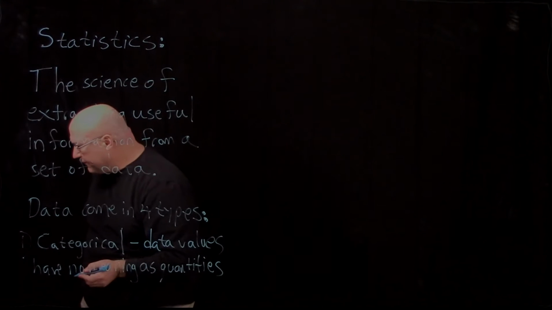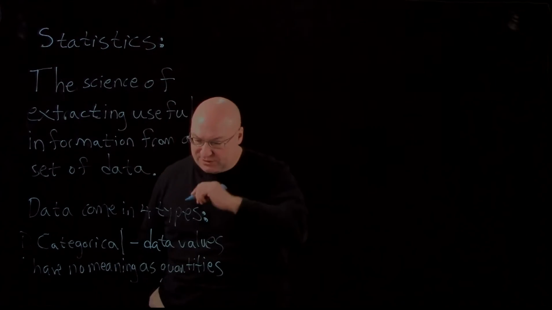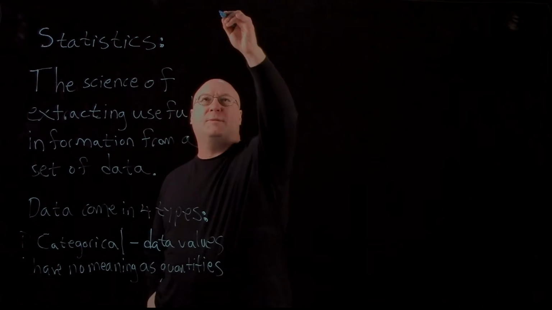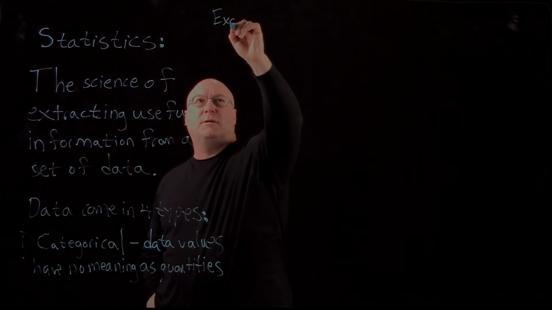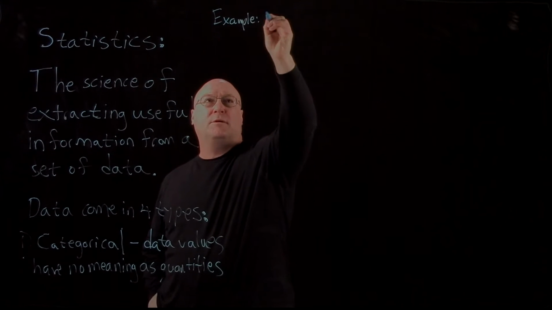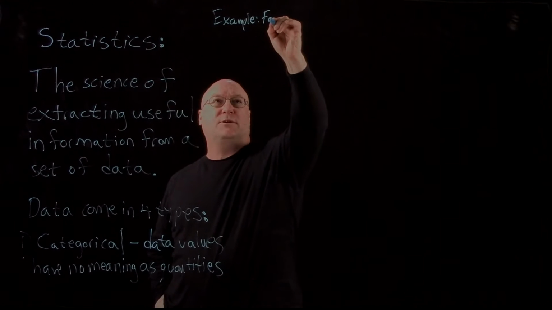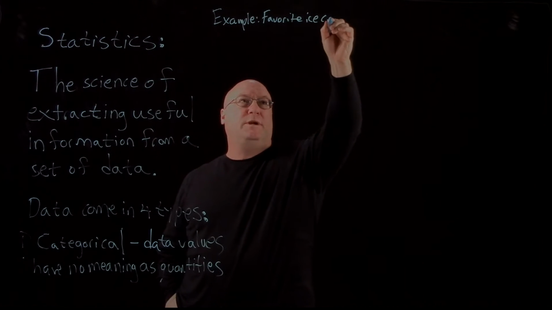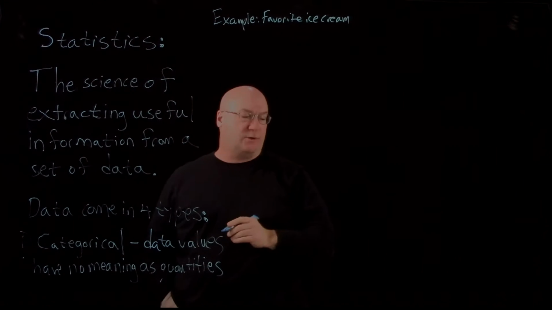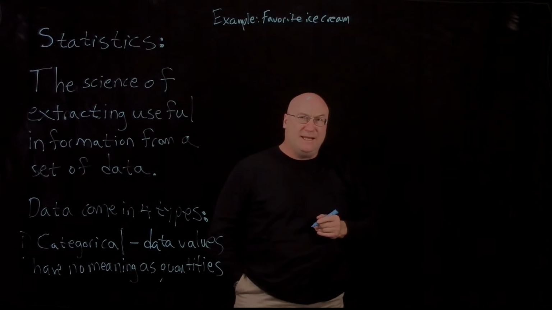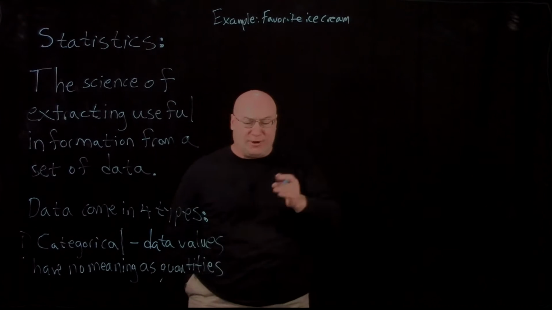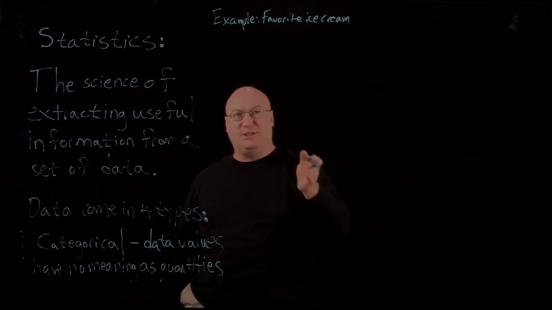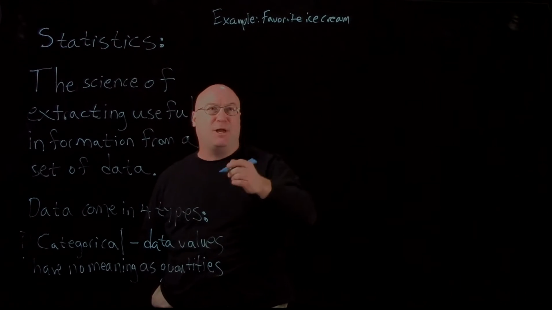So, for example, maybe we survey a bunch of people and we keep track of their favorite ice cream flavor, all right? That's something where we just categorize people. These people like chocolate best. These people like strawberry best, right?